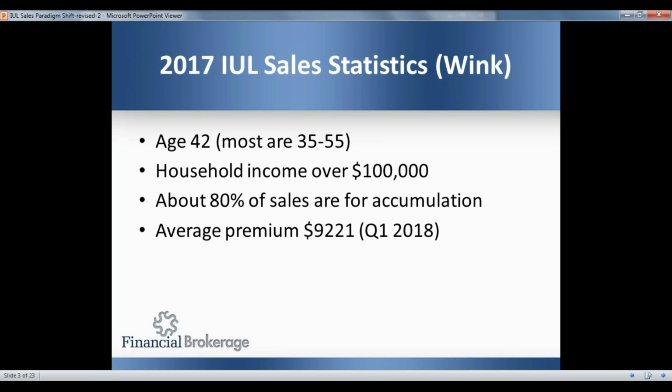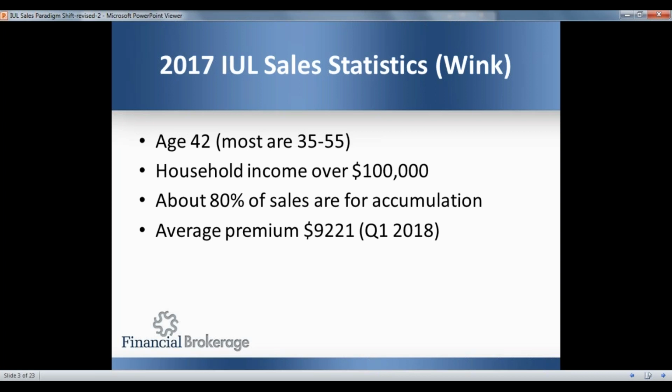Great resource. They reported that in 2017, the average age of an IUL purchaser was 42 years old, with a household income over $100,000. They told us that 80% of the sales, at least in that year, were for accumulation purposes, and the average premium was just over $9,000.